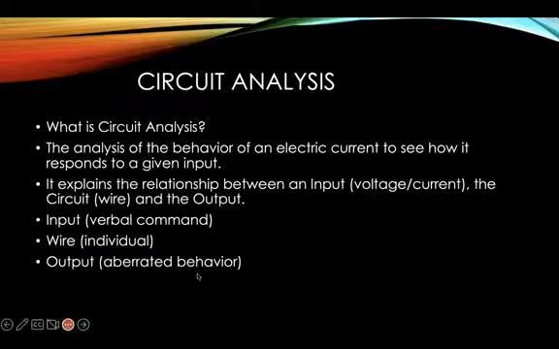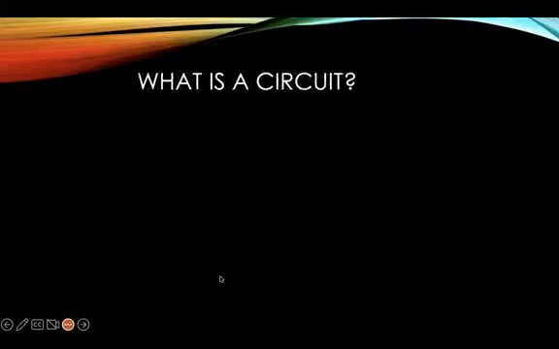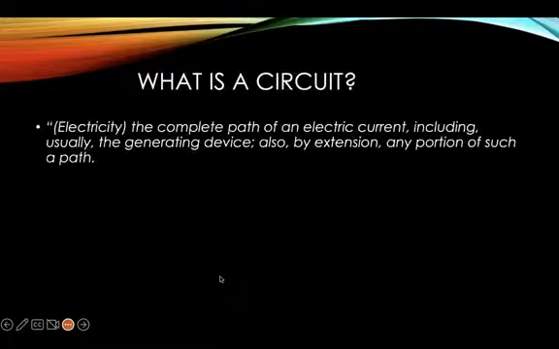Okay, yes, sir. Definitely. So now, what is a circuit? This definition actually comes from the Dianetic Technical Dictionary. It says electricity, the complete path of an electric current, including usually the generating device, also by extension, any portion of such a path.